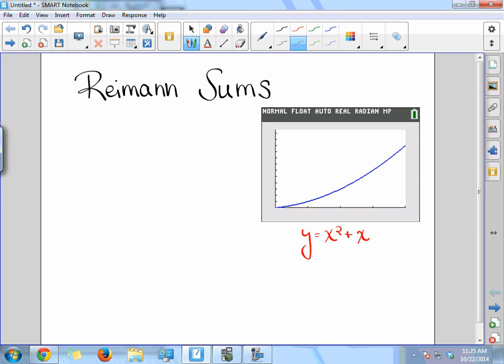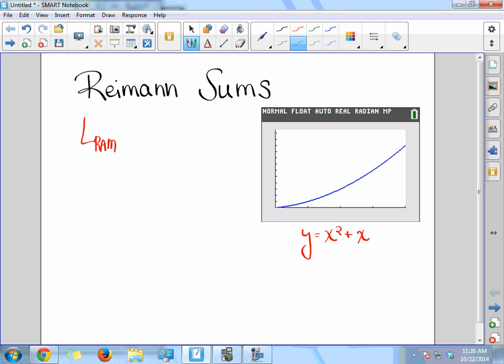We have four methods that we can use. One is what we call a left Riemann sum, and generally it's denoted by this notation LRAM. That would be left Riemann approximation.